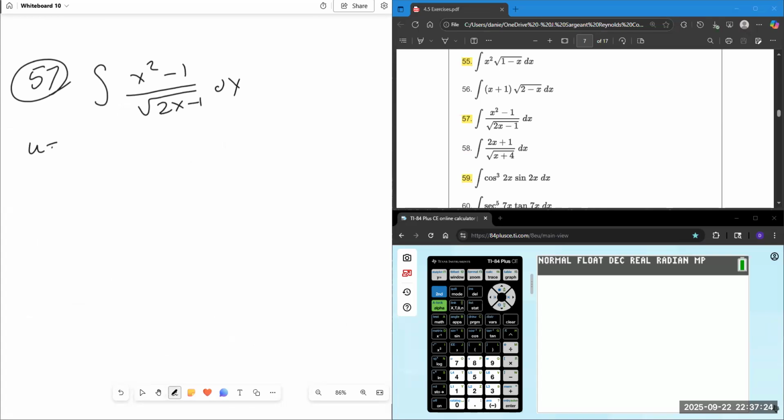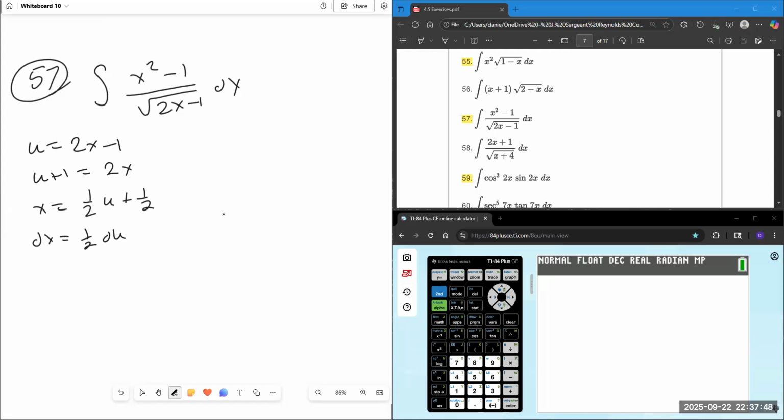So u is 2x minus 1, and that makes u plus 1 equal to 2x, and x equal to 1/2 u plus 1/2, making dx equal to 1/2 du.